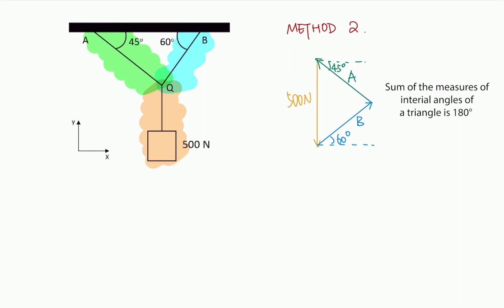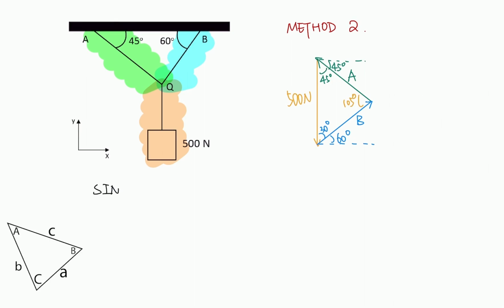And now we can solve for the three angles of the triangle, which are 45 degrees, 30 degrees, and 105 degrees. Now let's recall the sine and cosine laws. Here are the formulas for them.